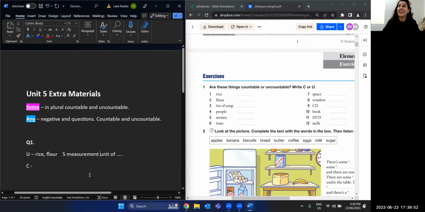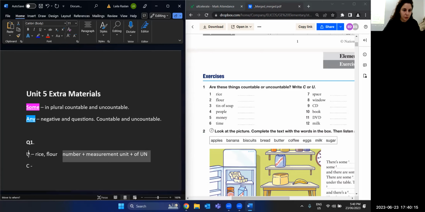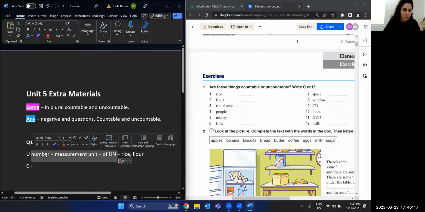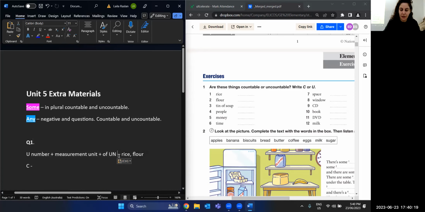Unit of. So that's how we ask that we want more than 1. So there's a number plus the measurement unit plus of, and then the uncountable noun. So I'll put that as your rule for uncountable. And then these are some examples.